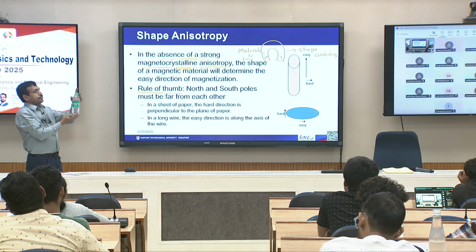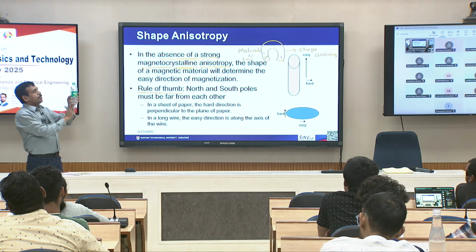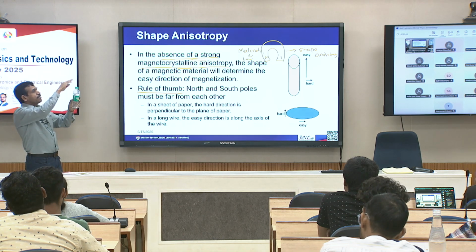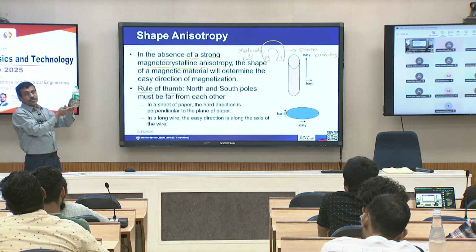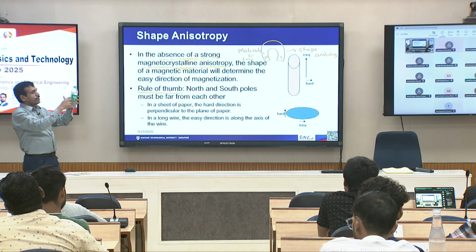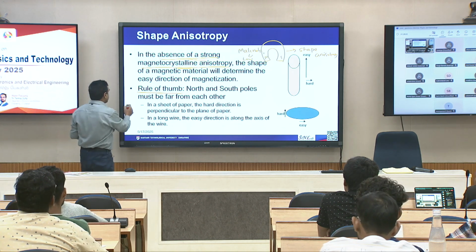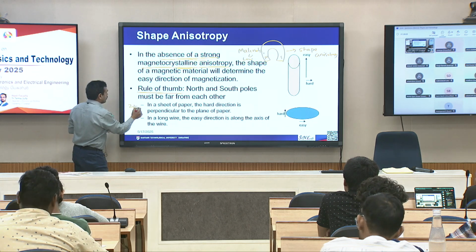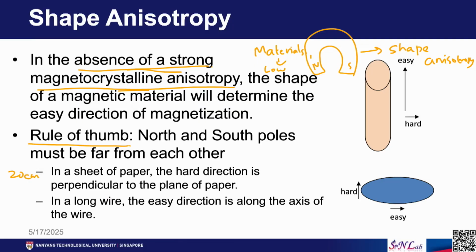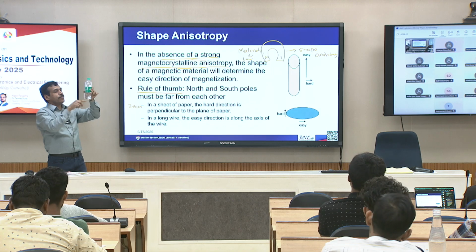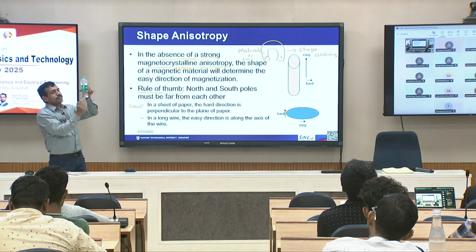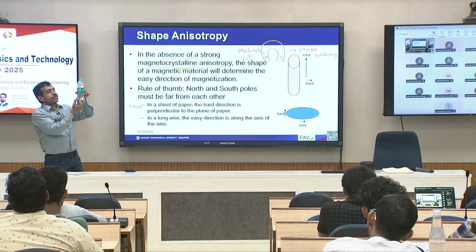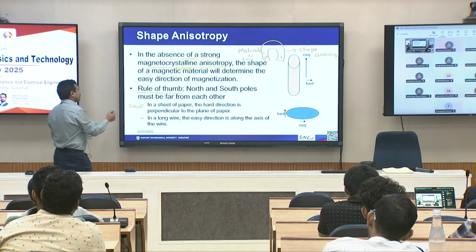When I magnetize this magnet along this direction, the north pole is here, south pole is here, and they are separated by about 20 centimeter. Now, I take the same piece of magnet, I try to magnetize along this direction, the radius direction. So, let us say I have north pole here, south pole here, they are separated by around say 6 centimeter.